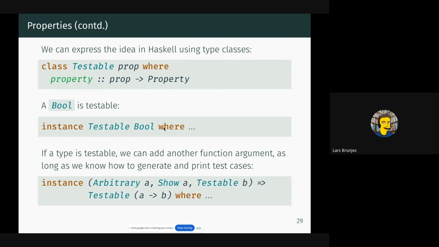So basically the base case is Boolean unit tests, and then functions from something to something that's Testable, provided QuickCheck knows how to generate random A's and provided A is Showable. So Bool is a property, and functions from arbitrarily many arguments to Bool are properties, provided QuickCheck knows how to display these argument types and how to generate random values for them.